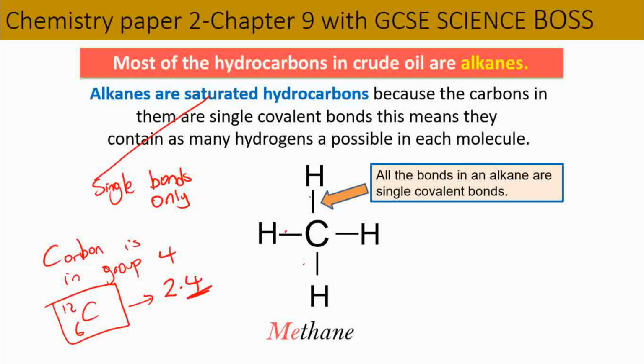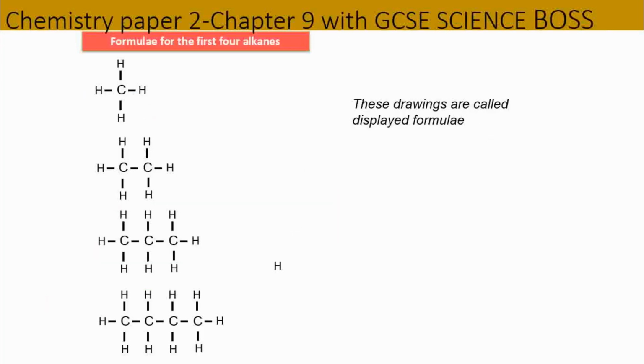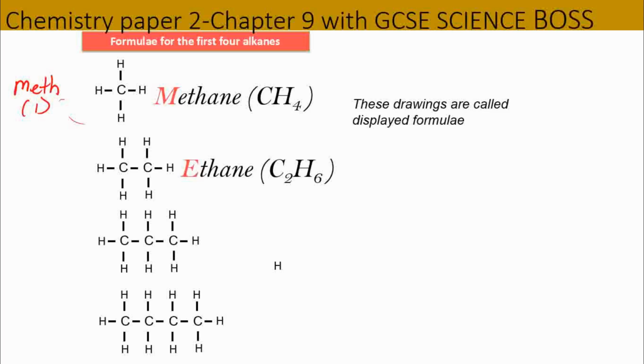Now you need to know how to name these hydrocarbons, okay? The name of the hydrocarbon is dependent on the number of carbons inside the hydrocarbon. So the first one here is methane, okay? The prefix that we use here is meth, 1 carbon, and the formula is CH4. Good. Then your next one is ethane.